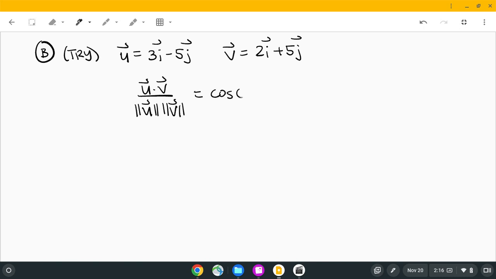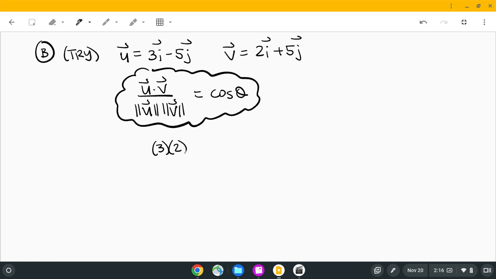Okay, so let's go ahead and do this. u dotted with v, that's going to be 3 times 2 plus negative 5 times 5. Magnitude of u is going to be the square root of 9 plus 25. And then over here, magnitude of v is going to be the square root of 4 plus 25.